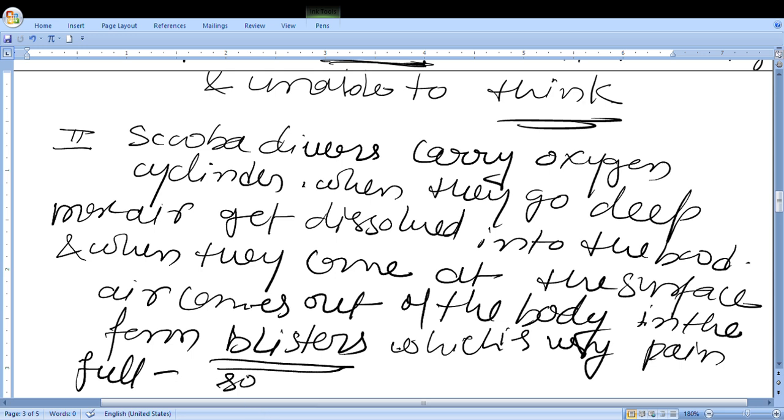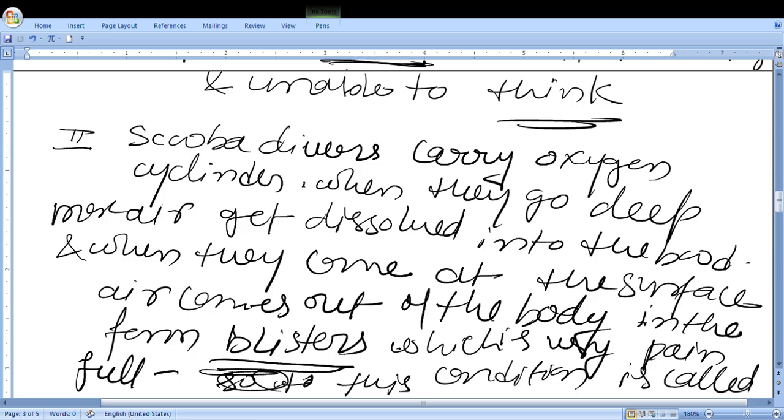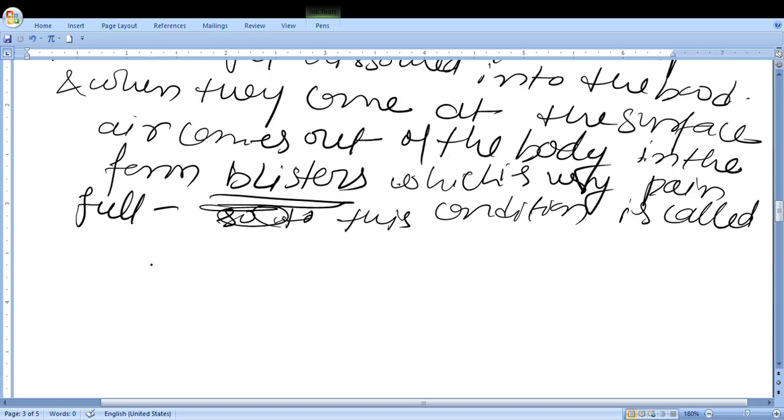This condition is called the bends in medical terms.